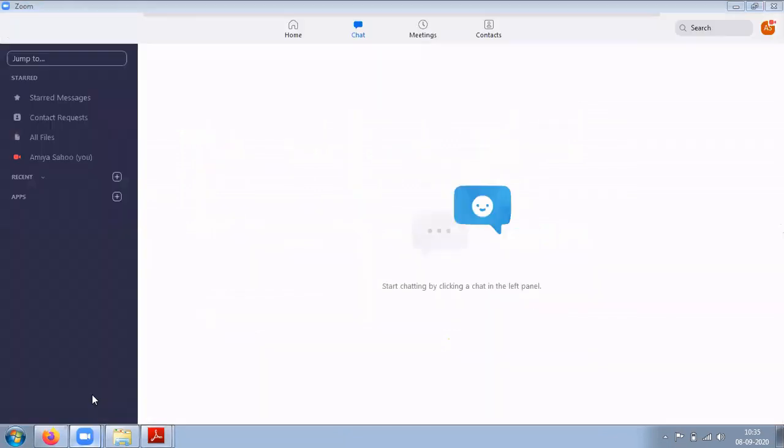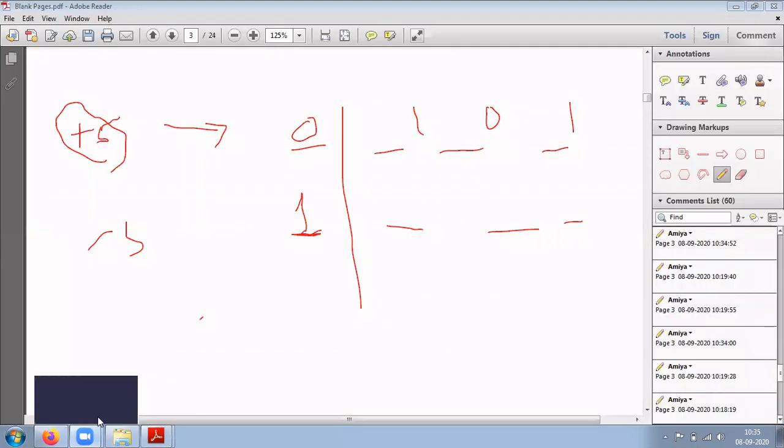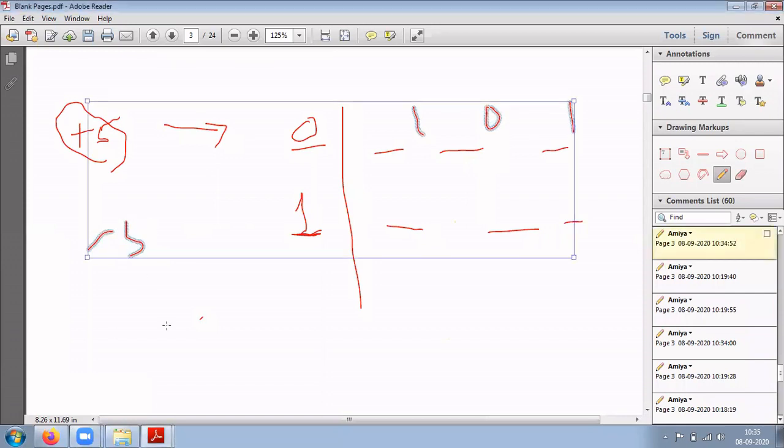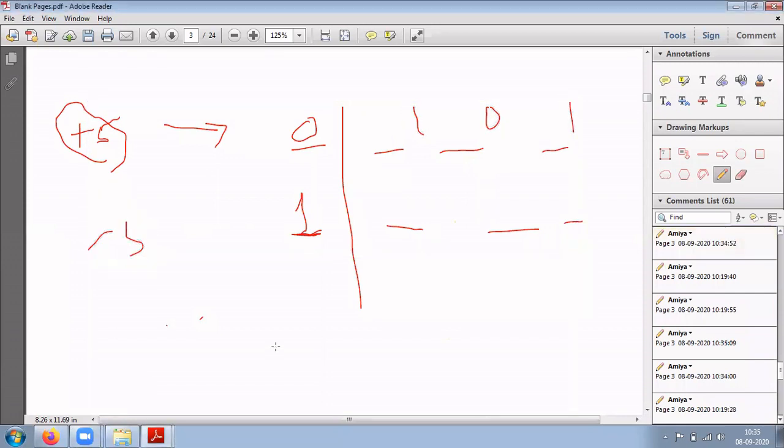To represent -5, the first bit is 1 because it is a negative number. Then you have to write 101.